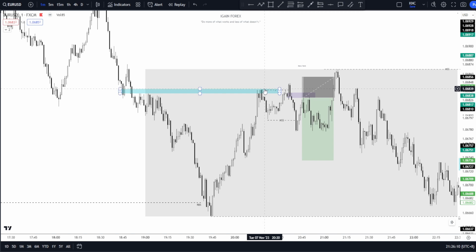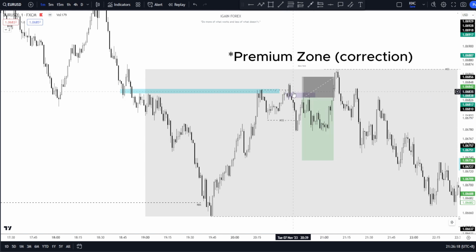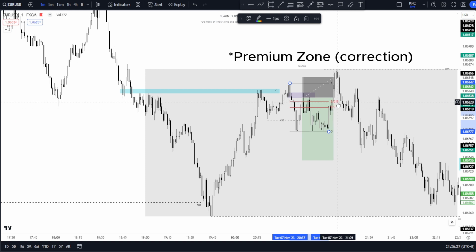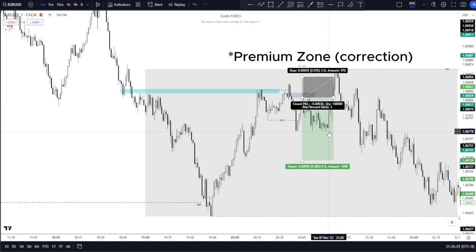We have a sweep here, a clear market structure shift, and I entered at this breaker above the discounted zone, because if we use Fibonacci, that's the discounted zone to sell after the market structure shift.